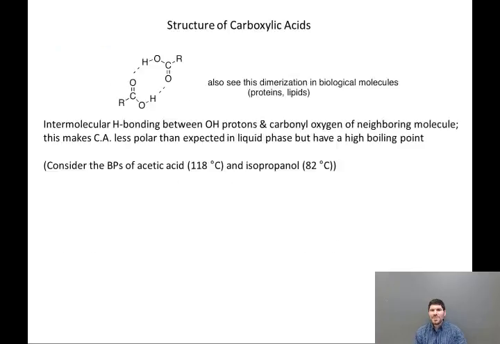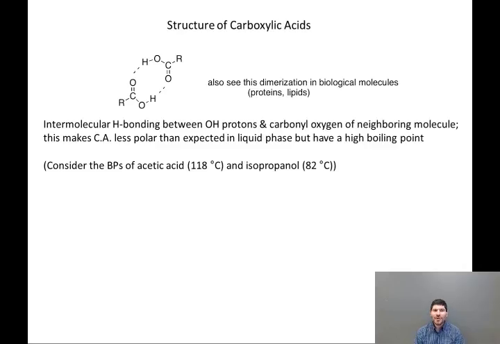So an important point that I want to make about the structure of carboxylic acids is they actually tend to dimerize as the pure liquid, or in the solid state in their crystal structures for those that are solids.